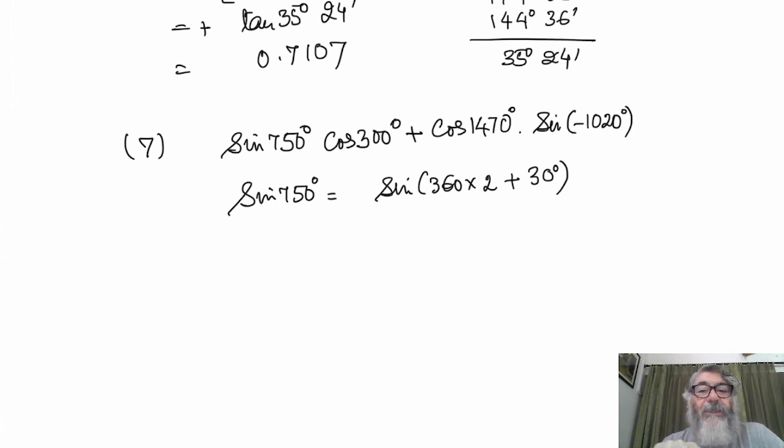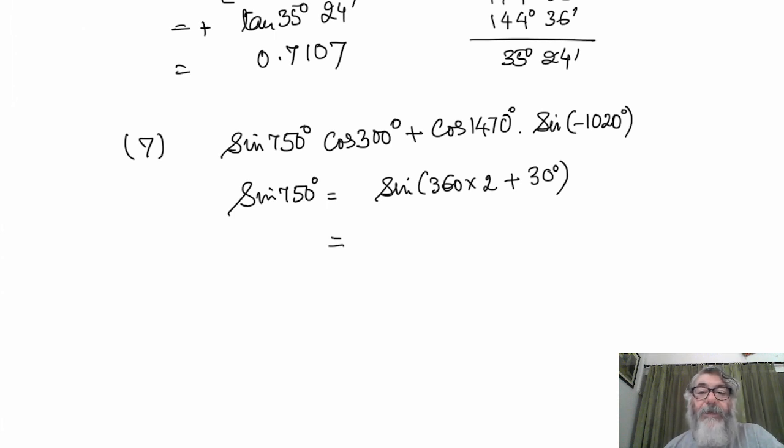So 360 into 2 means the generator line has completed 2 revolutions, plus 30 degree. That means it comes into the first quadrant. In the first quadrant everything is positive, and since it is 360 into 2, the transformation is taking place along the x-axis.